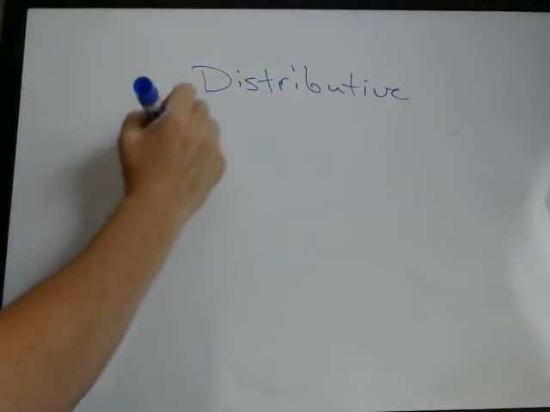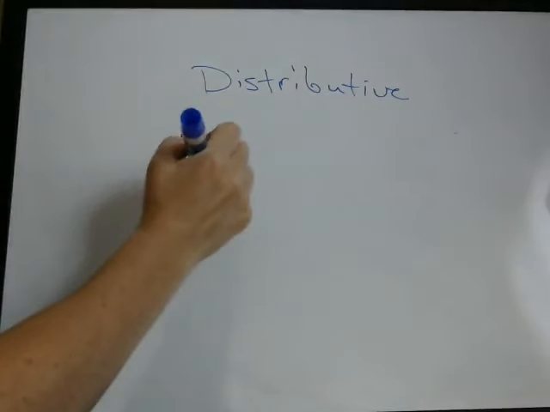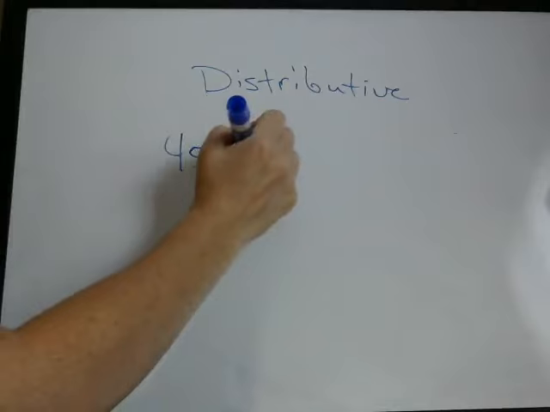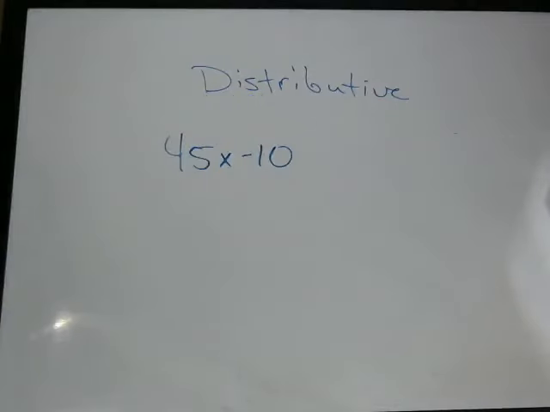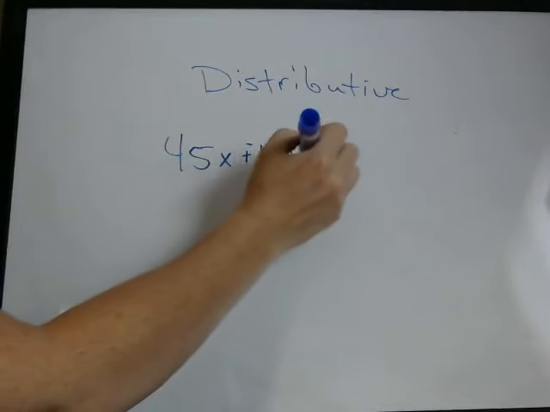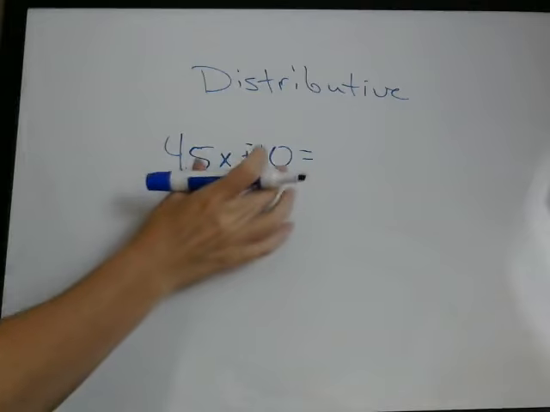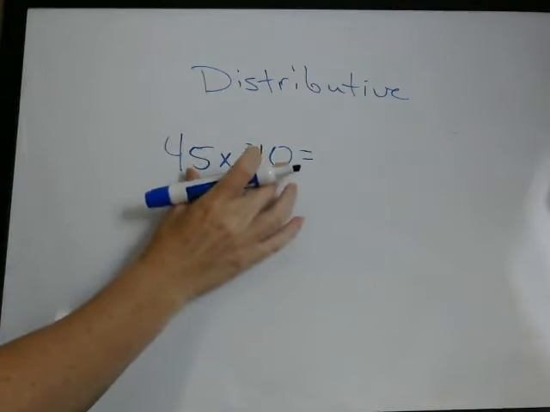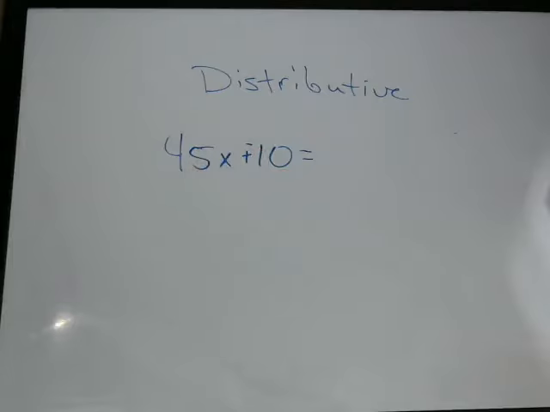If we're going to do 45x minus 10, again, if it helps you, you can think of this as a plus negative 10. What number goes into both 45 and 10? The largest number that goes into both 45 and 10 evenly. That would be 5.